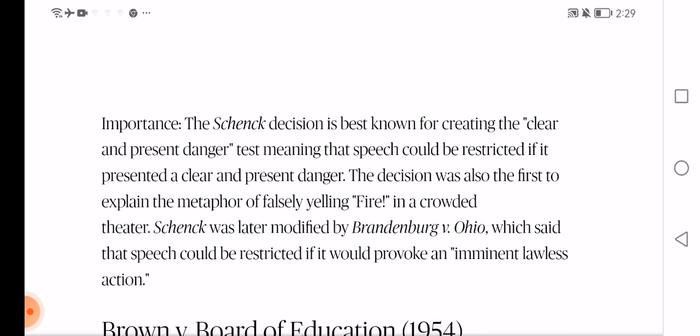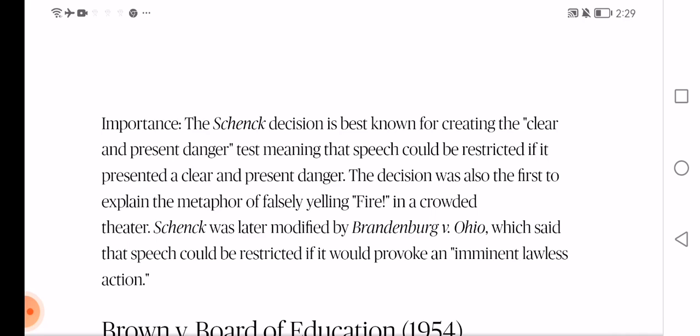Importance: the Schenck decision is best known for creating the clear and present danger test, meaning that speech could be restricted if it presented a clear and present danger.